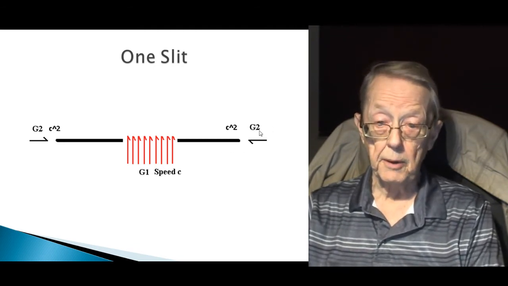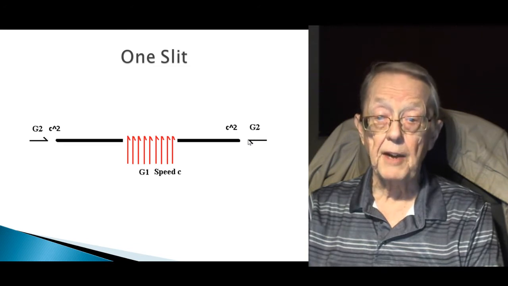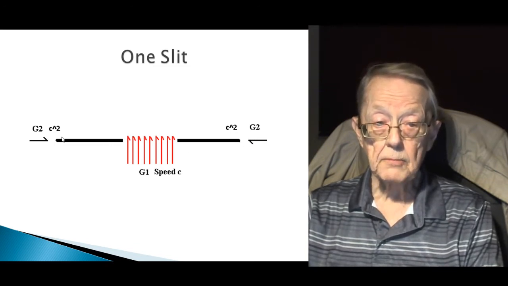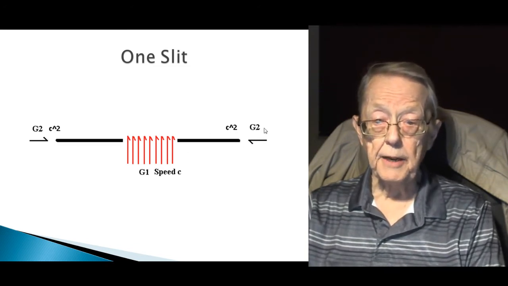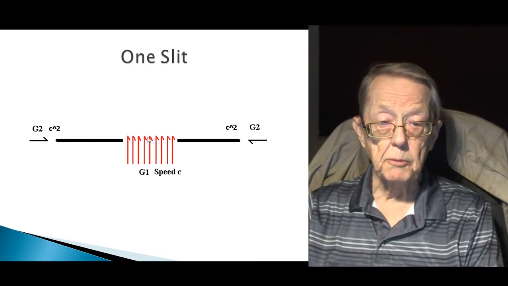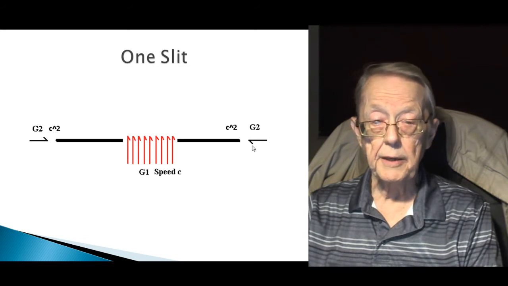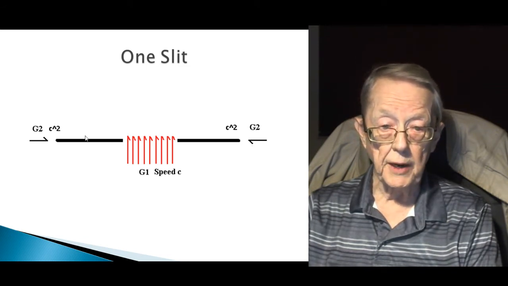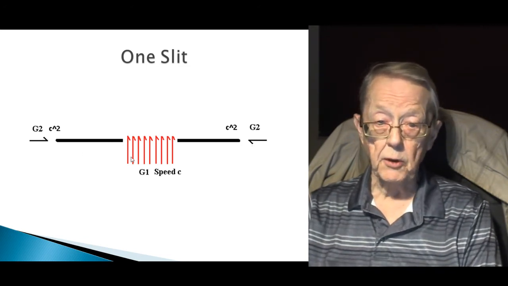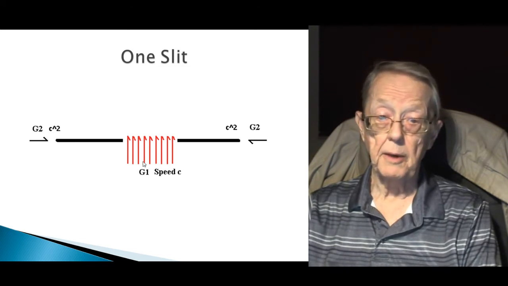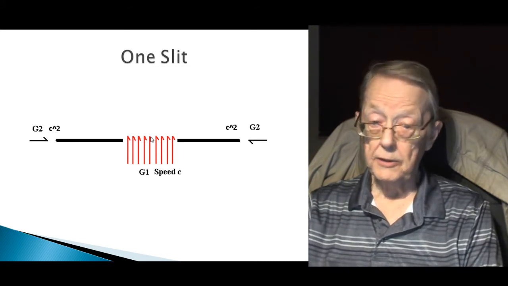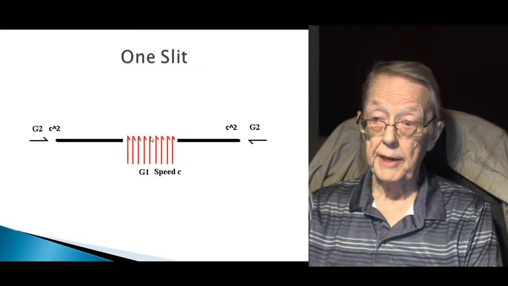This G2 particle has to move very fast, faster than light. In any case, if you're going to follow the G2 particle through this screen in a very slow analyzing step, you could consider these G1 particles as stationary. They're just sitting there. They're not moving anywhere.